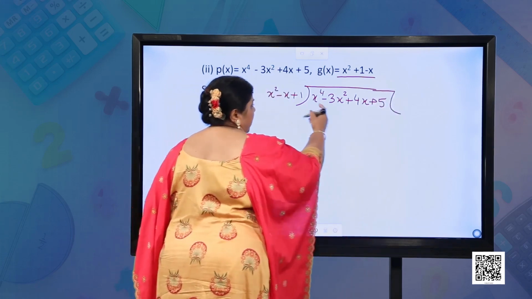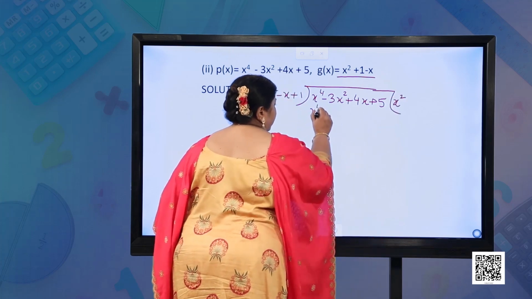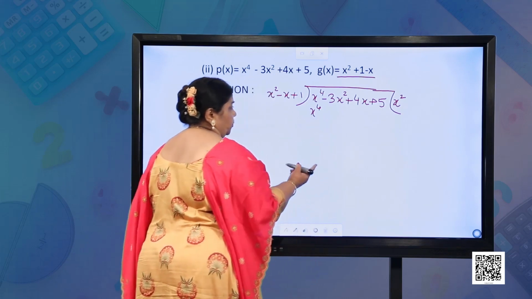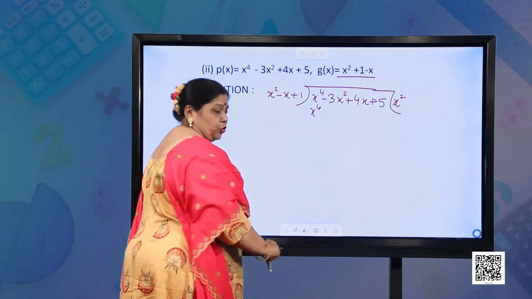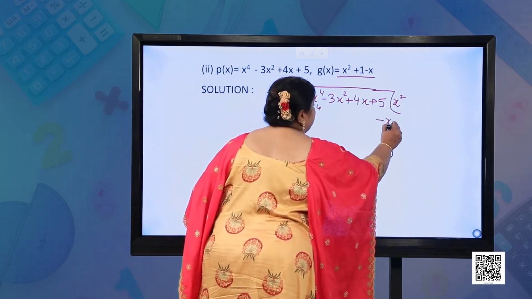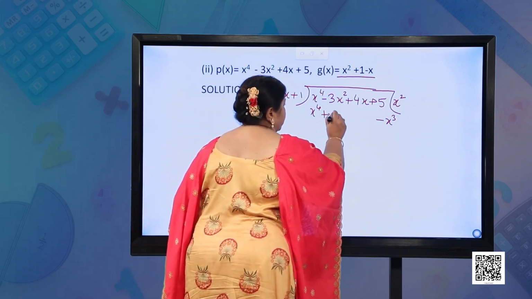Now, x square, if I multiply by x square, I think I will get x to the power 4. Yes, x square into x will give me x cube, but I do not have any term of x cube here. So, I will write it separately as minus x cube and third term will be plus x square.